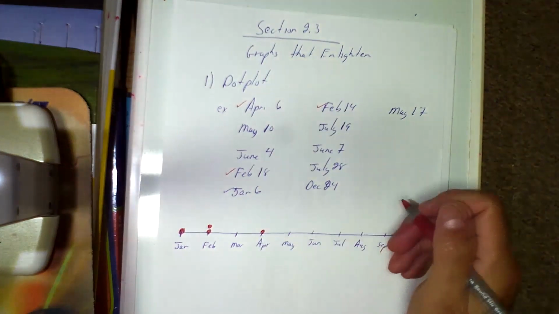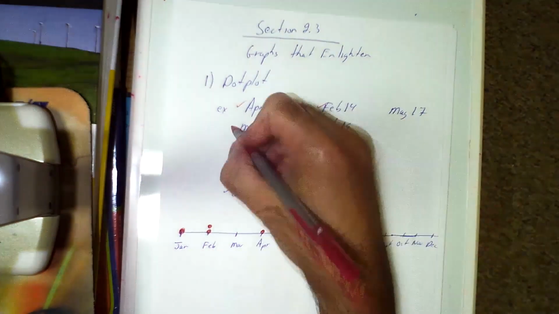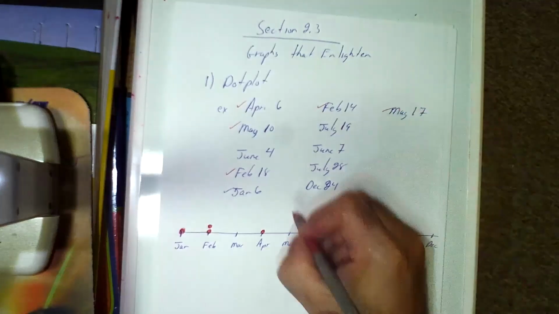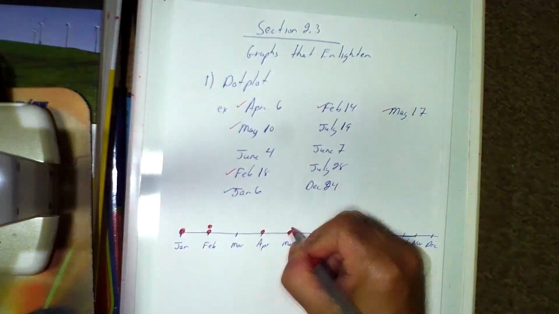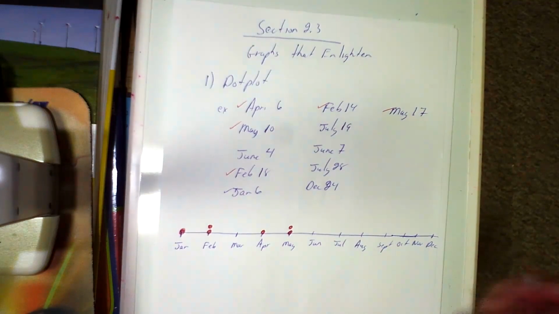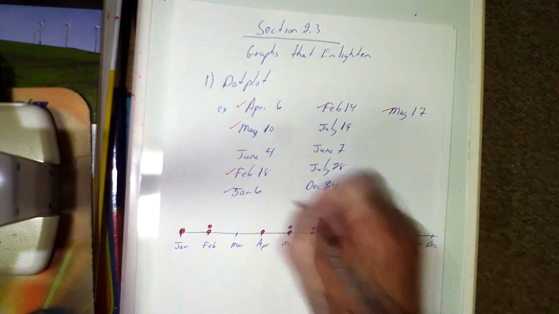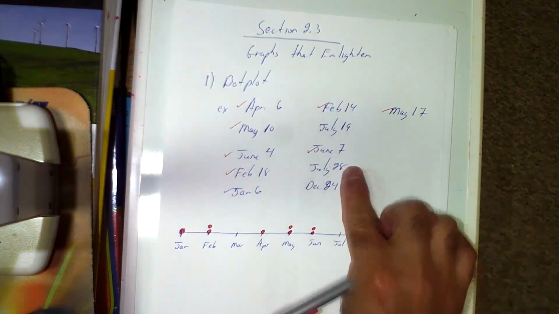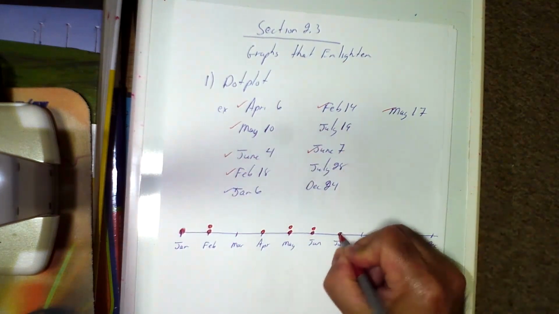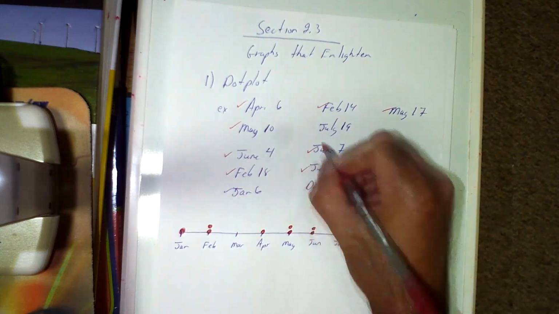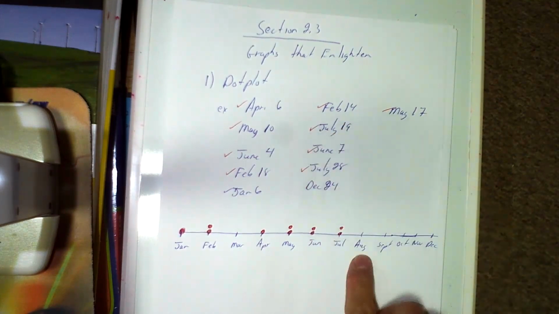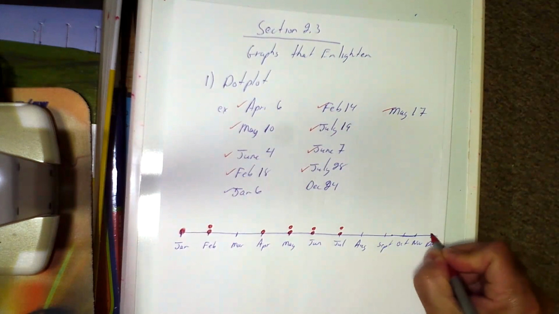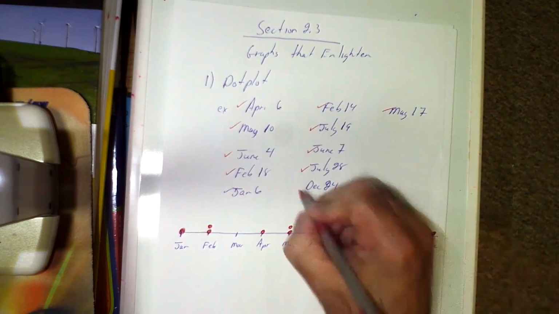May, I have 2 of them. So I'll put 2 dots. June, I have also 2 of them. July, I have 2. I don't have anything for August, nor September, October, nor November, and we have 1 for December.